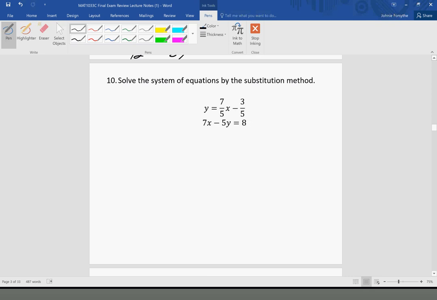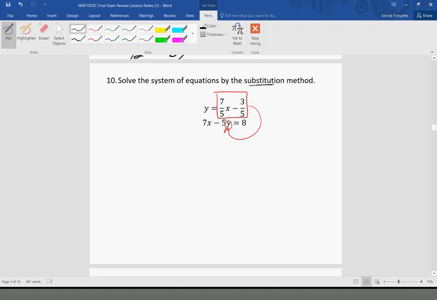Okay, so the substitution method means we have to take one of our equations, solve it for a variable, and then take that expression and plug it into that variable in the other equation. So for this one, we already have an equation that's solved for a variable. So what we're going to do is take 7 over 5x minus 3 over 5, which equals y, and plug it in for y in the other equation.